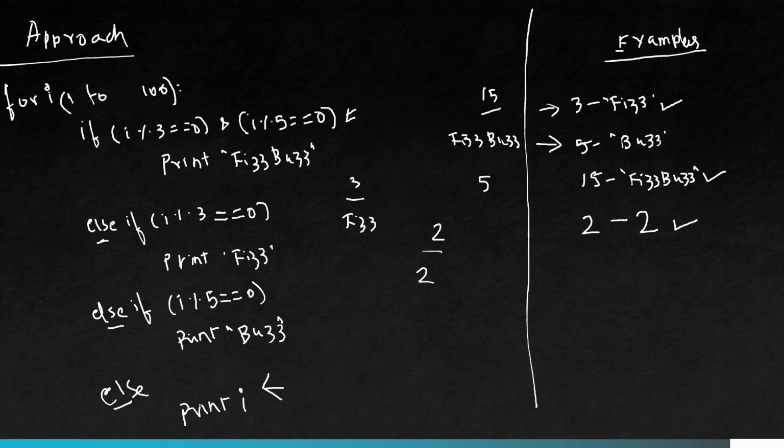No, 5 is not divisible by 3. So we are not even going to evaluate this statement. The debugger is not even going to evaluate this statement. And we will not print FizzBuzz. Instead, we will go here, check 5 is divisible by 3. It is not. Is 5 divisible by 5? Yes. So we would print buzz. So that is it. We have satisfied all the examples that we have identified so far.